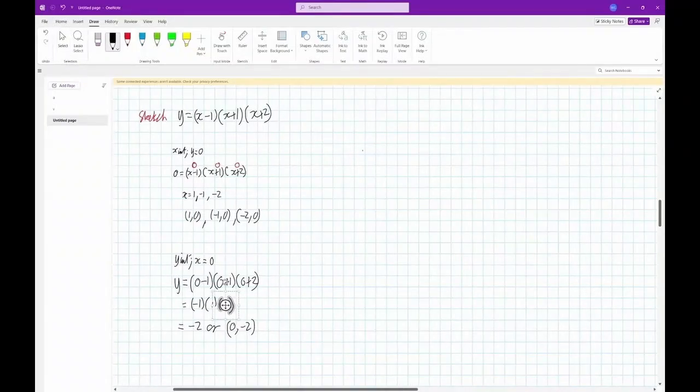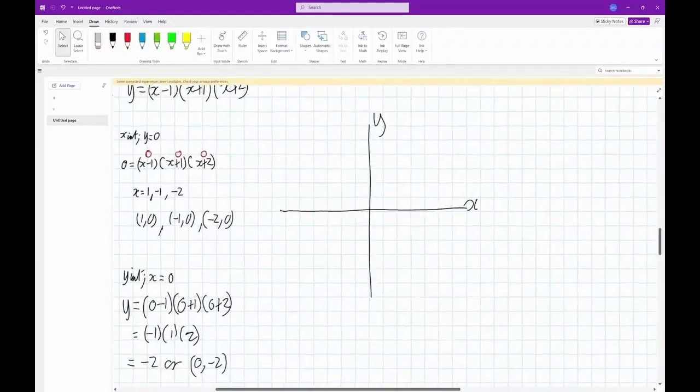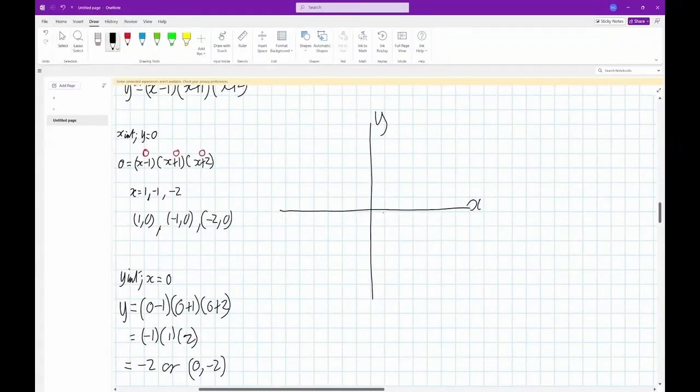So let's chuck down some axes here, y, and we've got x, and let's go ahead and mark out our intercepts. So we have 1 at 1, we have 1 at -1, and 1 at -2. We also have our y-intercept at y equals -2, and so then we can go ahead and graph our graph. Now, of course, a cubic can look like this when we have it in point of inflection format, right? But also cubics can get pretty wild.